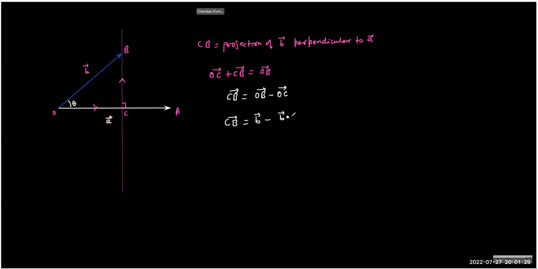Yes, sir. So B dot A cap into A cap. Can we write like this? Yes, sir. Okay, so you can see the CB turns out to be B minus B dot A cap into A cap, and you can take the CB dot CB. It's very interesting. I'll just show you something.